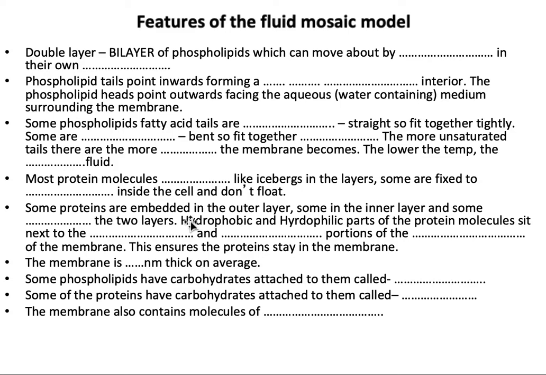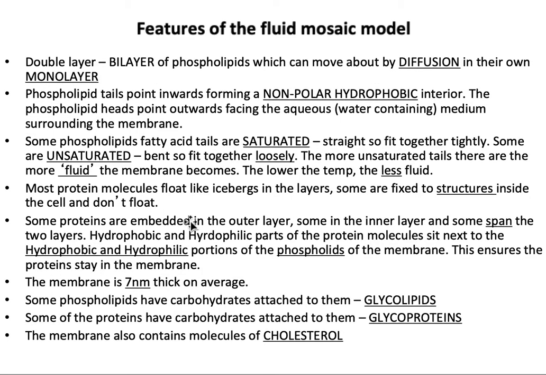So these are just some explanations. A bilayer of phospholipids, which can move about by diffusion in their own monolayer. Phospholipid tails point inward, forming a non-polar hydrophobic interior, and you can read all of this by stopping the video, I guess. But yeah, this is just some basic facts.